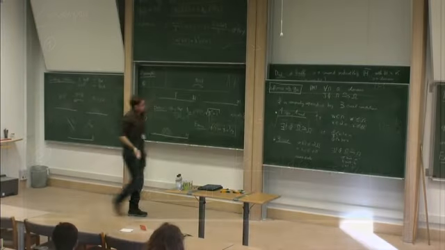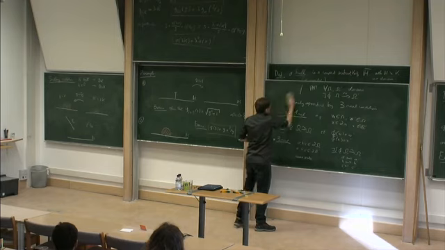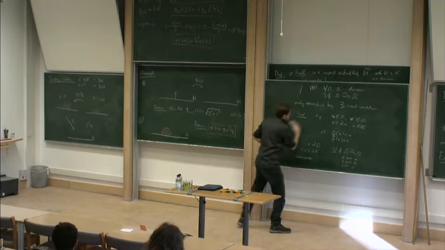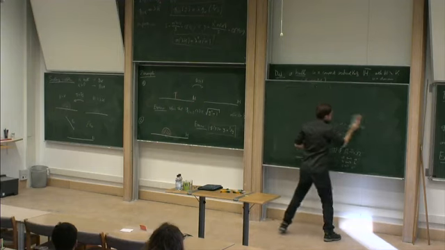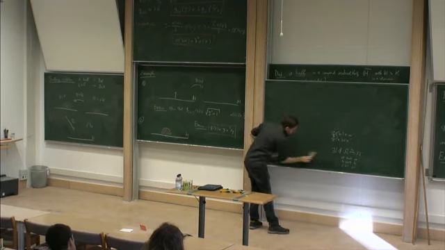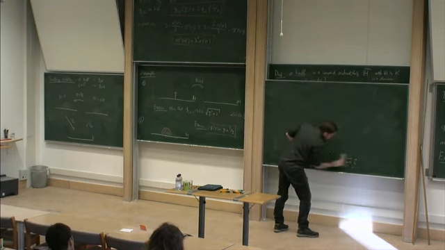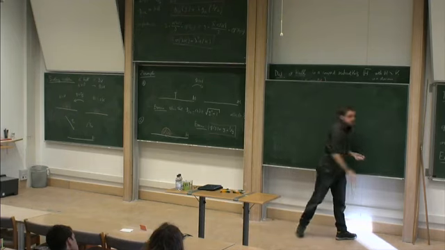Okay, so now what we have is, remember we want to describe a curve that grows in the upper half plane in terms of conformal maps.